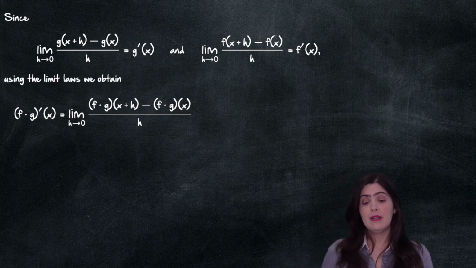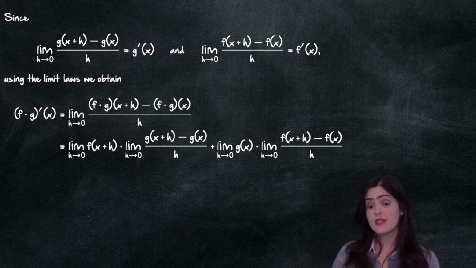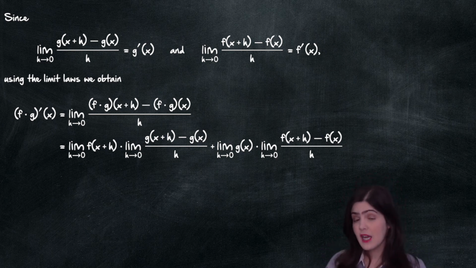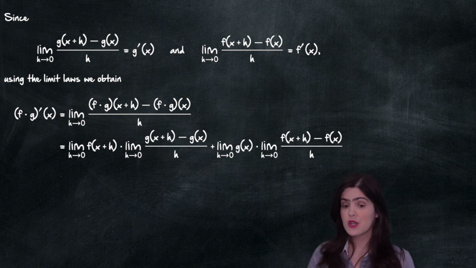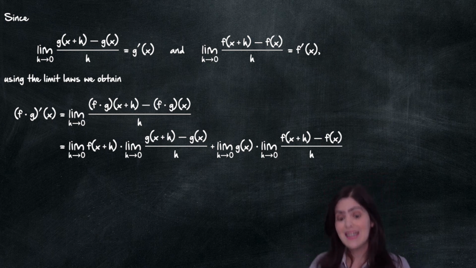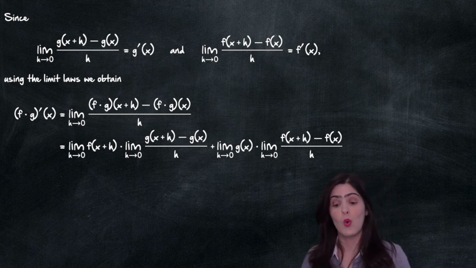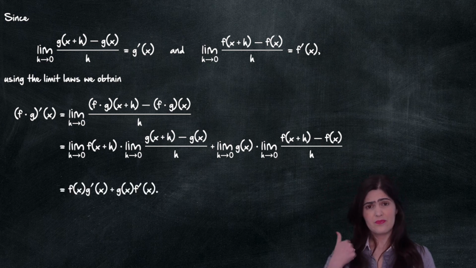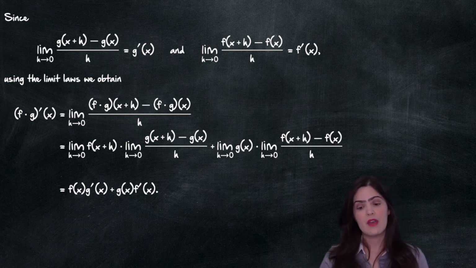So using the limit laws, we will end up with that f times g prime of x is the limit as h approaches 0 of f of x plus h times the limit as h approaches 0 of g of x plus h minus g of x over h, plus the limit as h approaches 0 of g of x times the limit as h approaches 0 of f of x plus h minus f of x all over h. But this is based on all the things that we've said so far, f of x times g prime of x plus g of x times f prime of x.